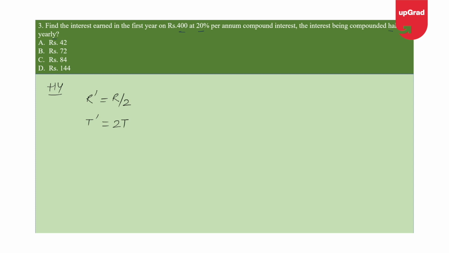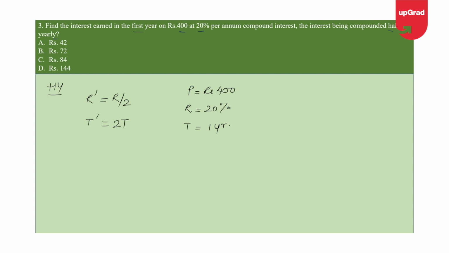Now let's see what is given in the question. Find the interest earned in the first year on rupees 400. That means my principal value is 400 at 20% per annum, and we have to do the calculation for 1 year. Why I am saying 1 year? Because the question says it is to be calculated for first year.